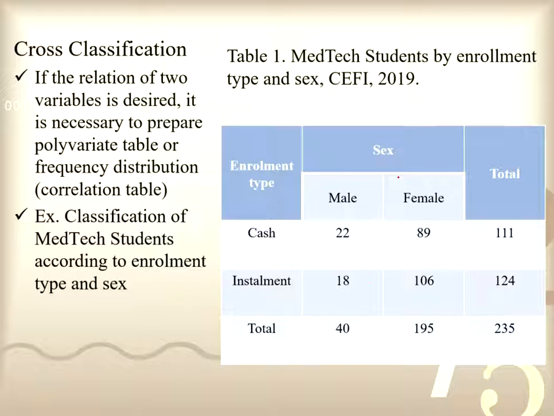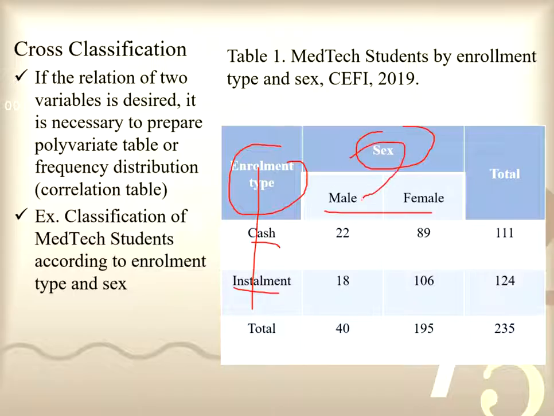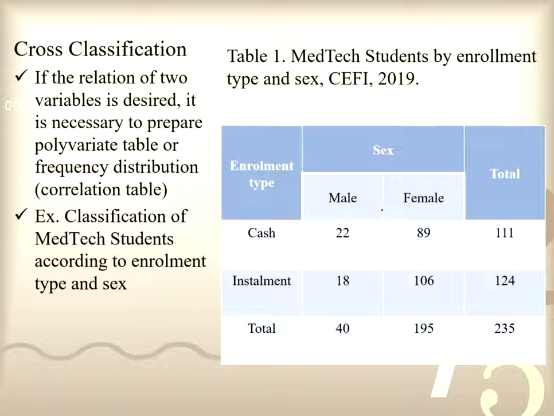So, dito sa table na to nakita natin 2 variables. So, may male at may female, yung ating sex and yung enrollment type, cash and installment. Ito yung first variable. Ito yung second variable. Okay. So, nakita natin dito, dalawa na yung classification, yung ating comparison.